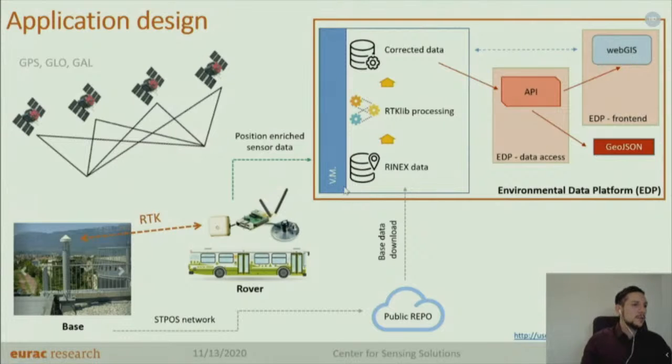These data are kept within a virtual machine that we dedicated to this application. And upon this data, we can perform RTKLIB processing in order to achieve real-time kinematic correction, so that we will be able to achieve centimeter positioning accuracy even with this low-cost solution. And this position-enriched sensor data can then be exposed via WebGIS or the GeoJSON data structure.